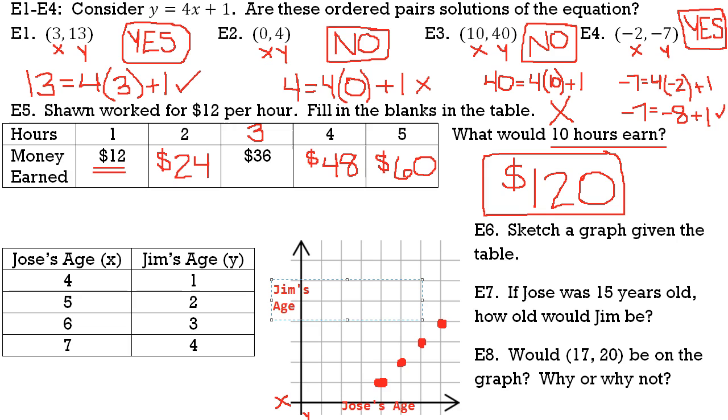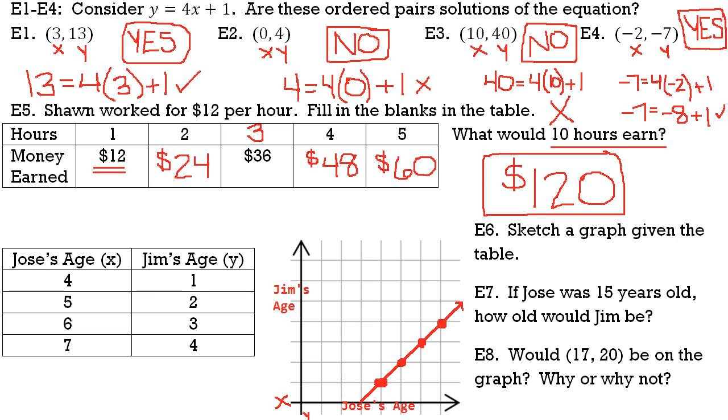Now, if we're going to graph this, I would like to graph a line for this, and it's never going to get into the negatives because you can't be a negative age, but hopefully Jose and Jim will live a long and full life, and this graph will keep going up for a while, and it would look something like this.